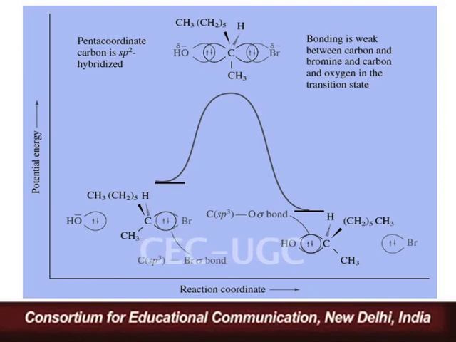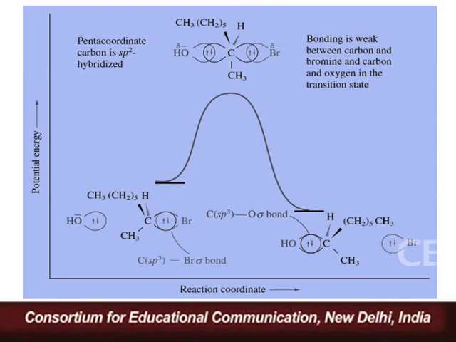And in this case, the carbon of the substrate is sp3 hybridized. If we look into the transition state, then what we find is that the bond between the carbon and the bromine starts extending and it is weak in nature.